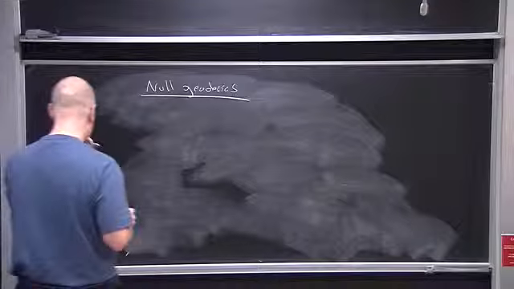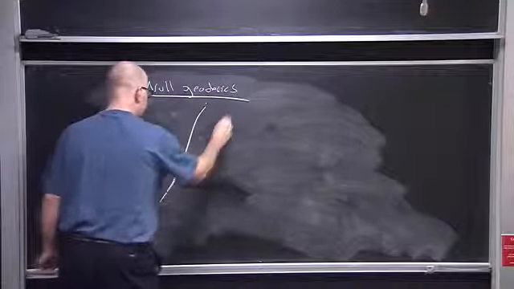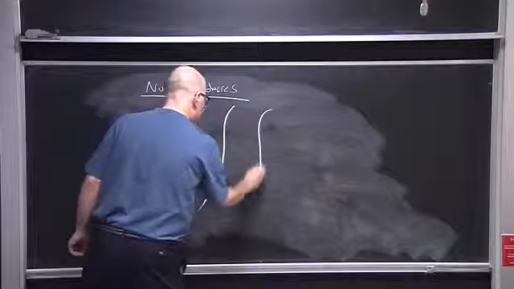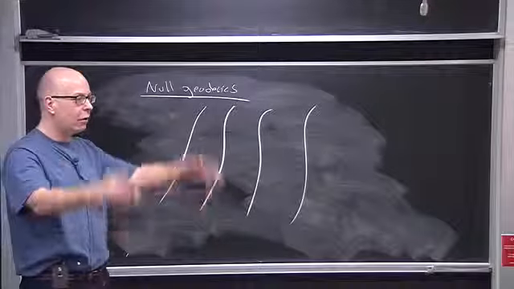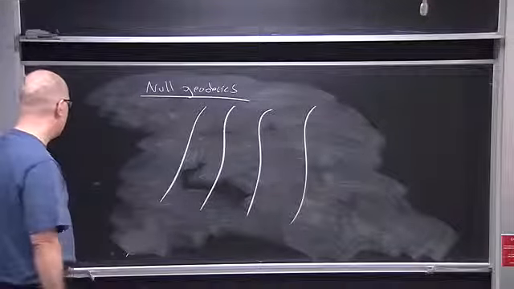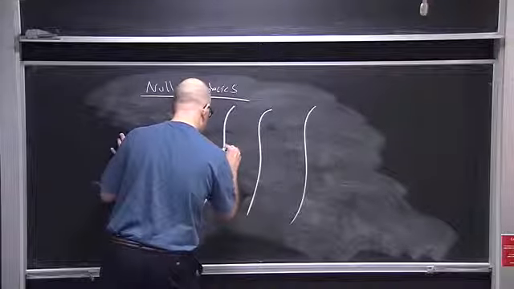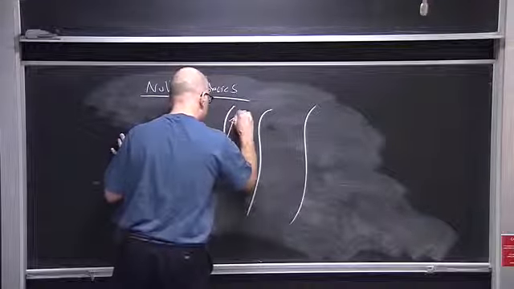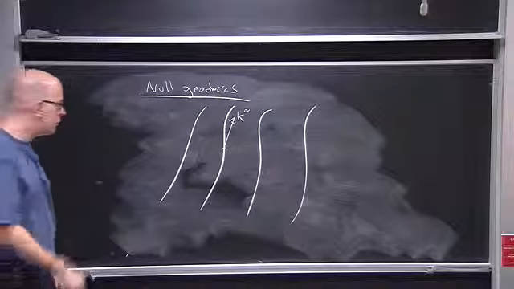So now we still have a congruence, a bunch of geodesics all over the place, but now the distinction is that all of those are null. So we still have a full congruence of null geodesics. It has a tangent vector field, so we still do the same thing. Now instead of calling it U, I'll call it K, just to distinguish the notation.